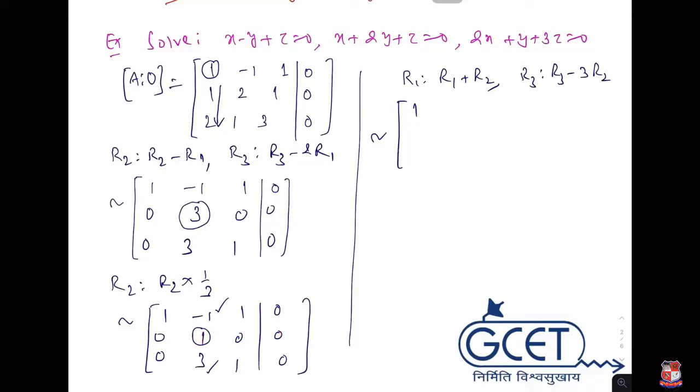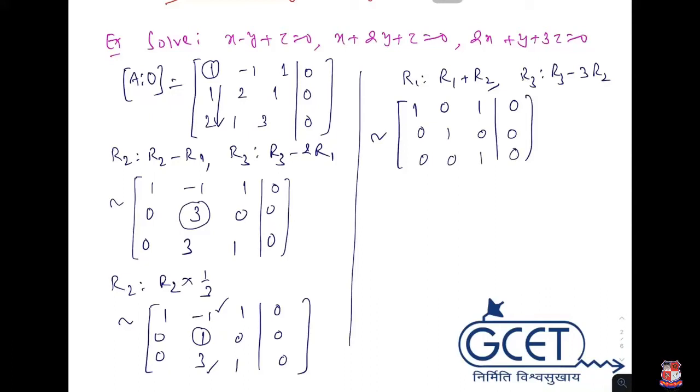So 1, then 0, then 1, just add this to row. Second row 0, 1, 0, 0. Now third one is multiply with minus 3 and add here. So this is 0, minus 3 plus 3, 0, 1, 0.